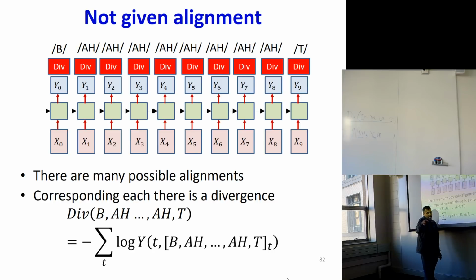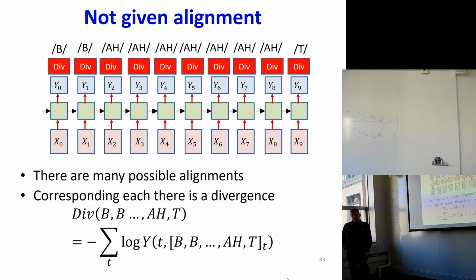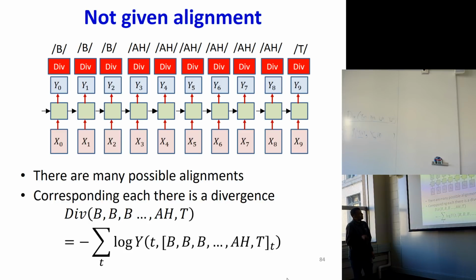I'd still be adding divergences at individual times using the simple approximation assumption that we made earlier, except that we don't know what this guy is. If I specified an alignment, you'd get a divergence, but if I specified a different alignment, you'd get a different divergence, and yet another alignment, I'd get yet another divergence.